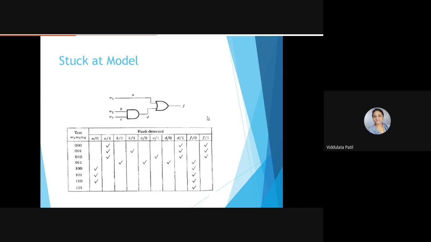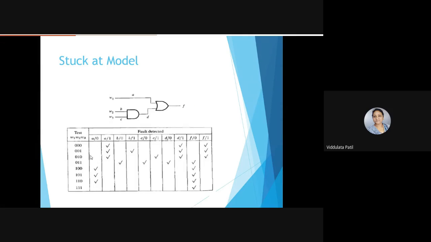But here there are 3 input terminals. That means there will be 8 combinations of the inputs. You may think that we are required to give all these inputs, and then we will decide whether the circuit is faulty or not. It is not like that.